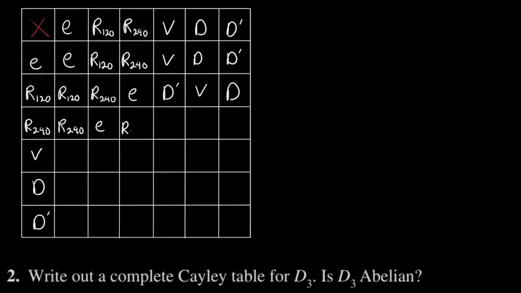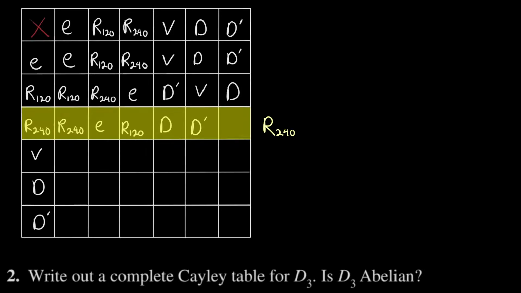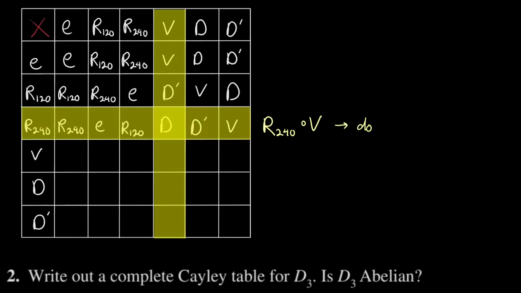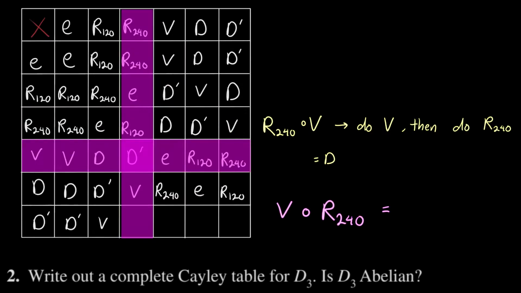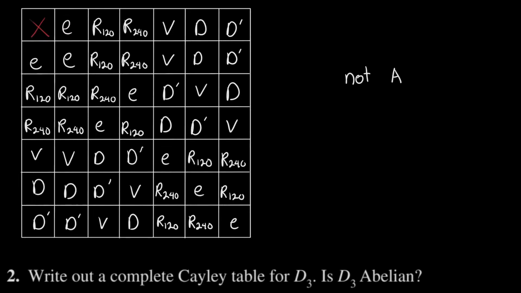So if we do R240 times V, then we want to do V followed by R240, and we'll get, I think, D. And if we do it the other way around, then we actually get D prime. So that also tells us that this group is not abelian.